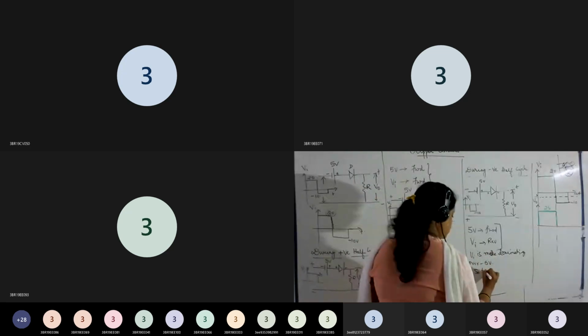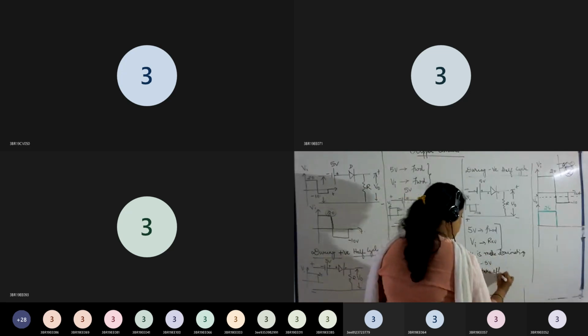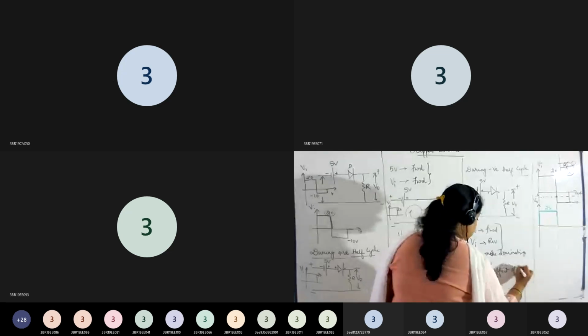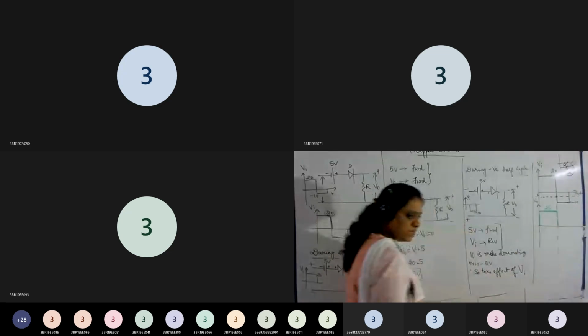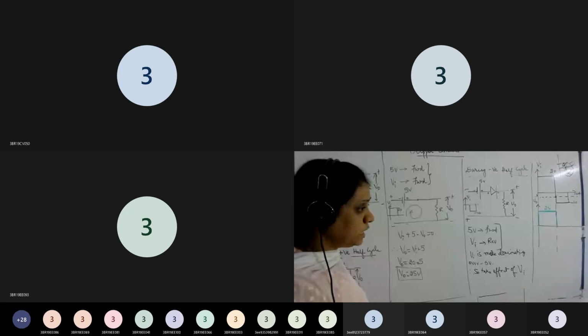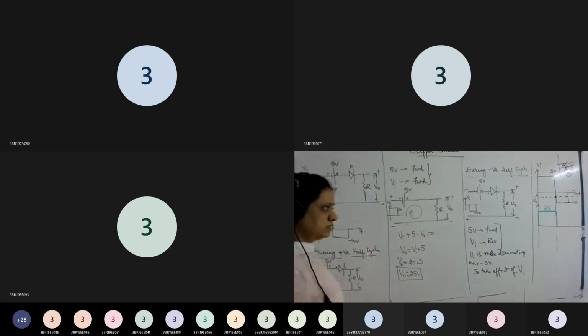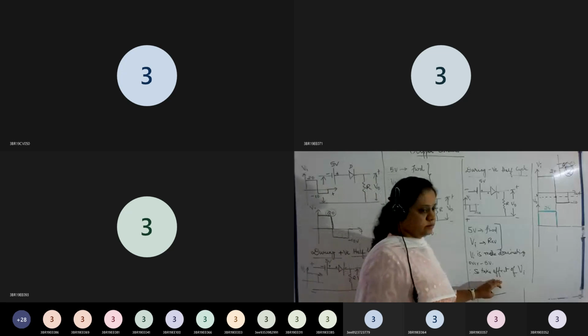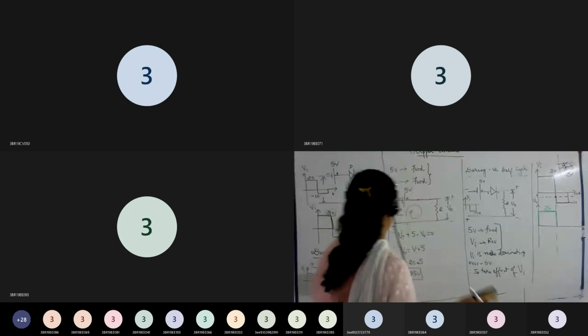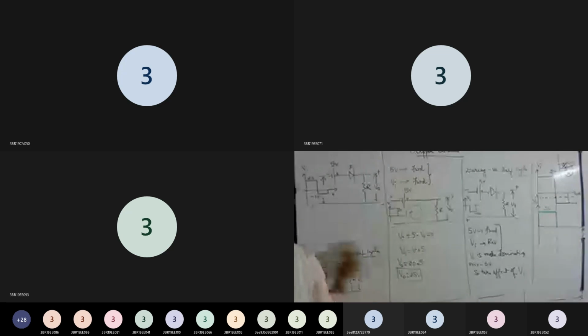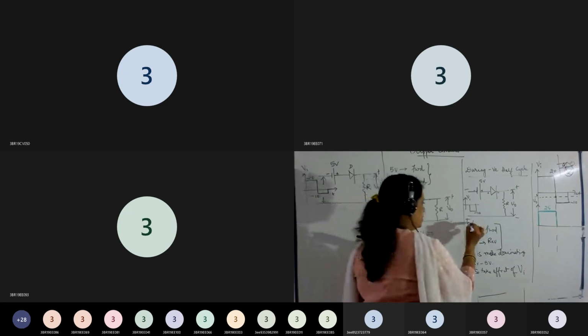Therefore, take the effect of Vi for the entire negative half cycle. Take the effect of only Vi. Understood? Any doubt here? This is very important.